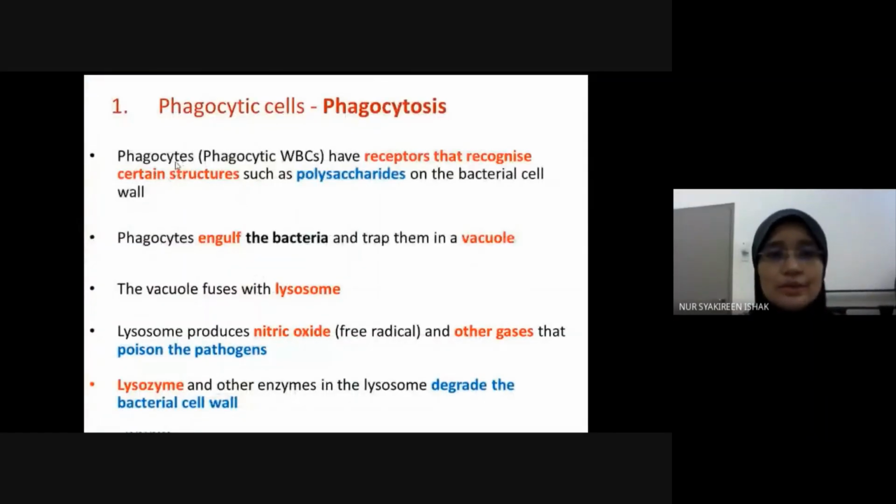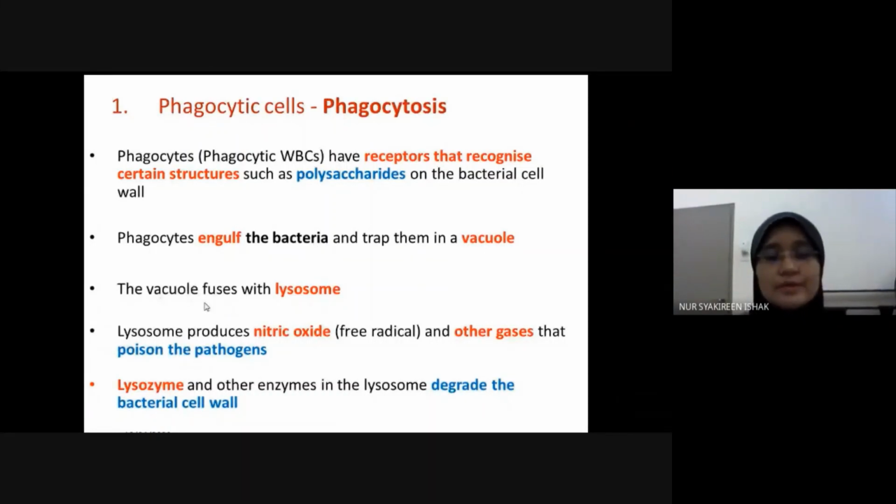Phagocytes, white blood cells that have the ability to engulf, will recognize the pathogen, because the pathogen has cell markers on its cell surface that are made up of polysaccharides. Then the phagocyte engulfs the bacteria, and the bacteria is surrounded by vacuoles lah.